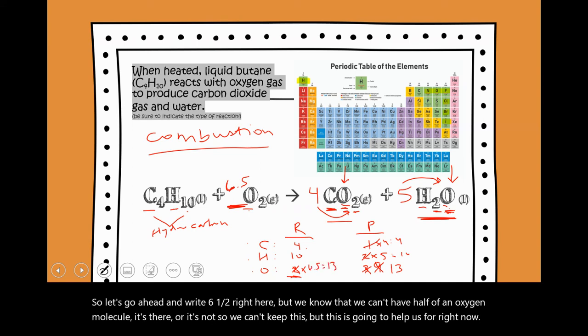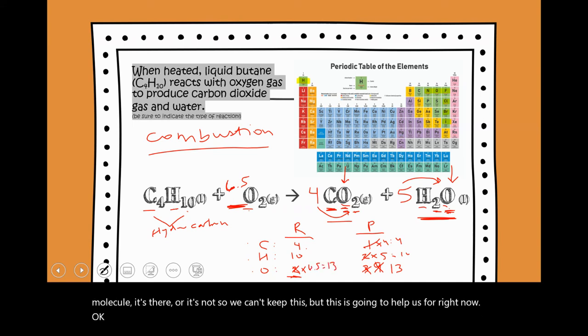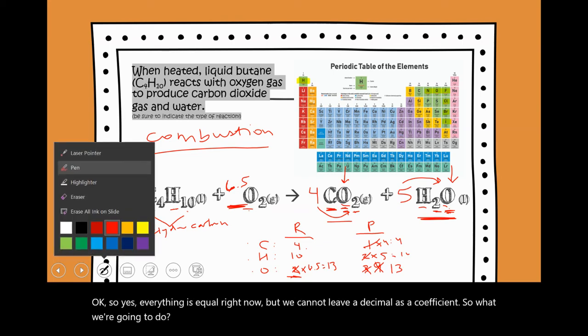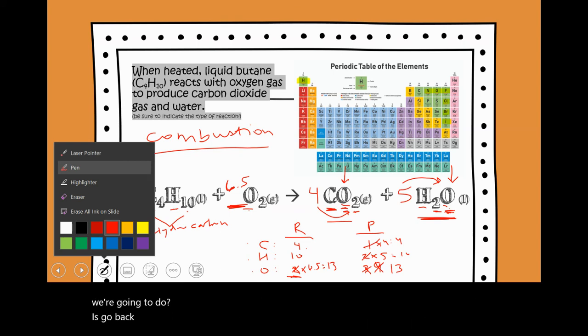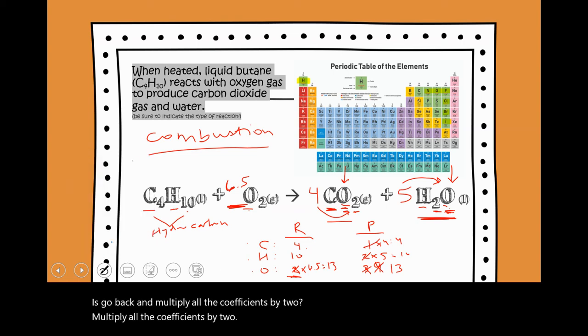Okay. So yes, everything's equal right now, but we cannot leave a decimal as a coefficient. So what we're going to do is go back and multiply all the coefficients by 2. So here we have a 1. 1 times 2 is 2. We have 6.5.